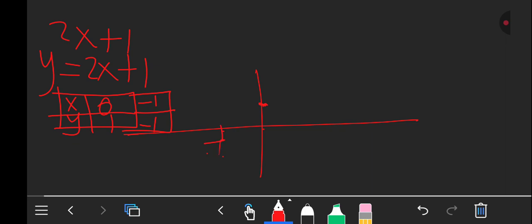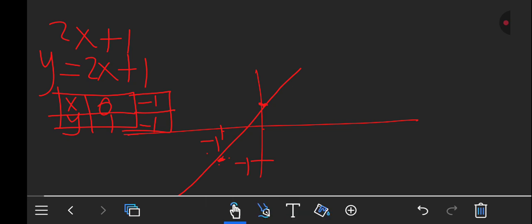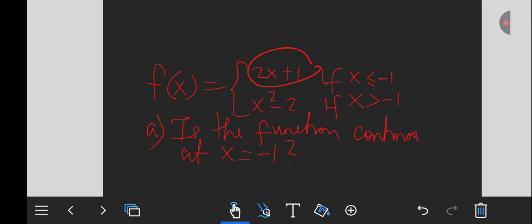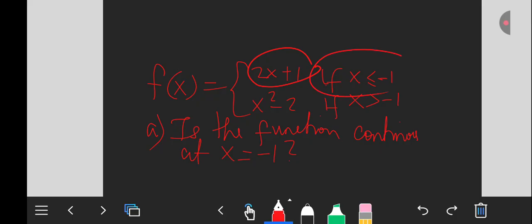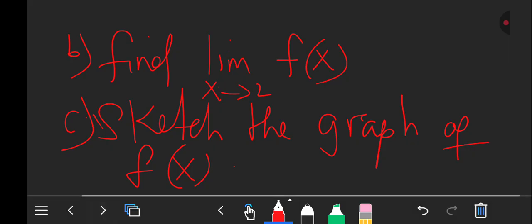So the line should pass like that, through negative 1, negative 1 and also through 0, 1. This is how the line should be. But remember, we are told from this domain that our x should be less than or equal to negative 1. So this is what we are going to do.